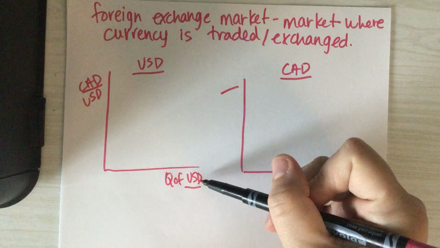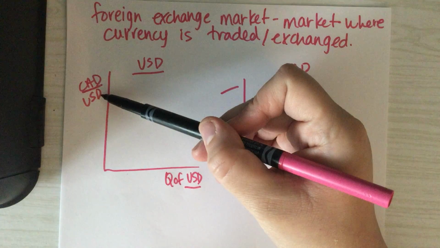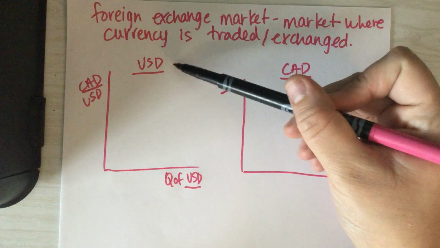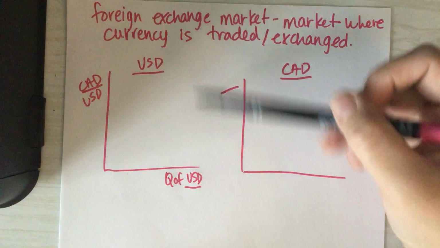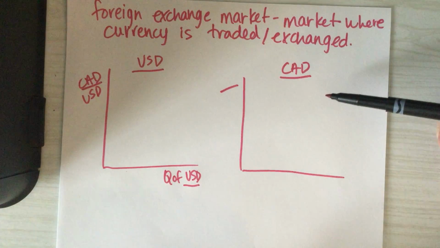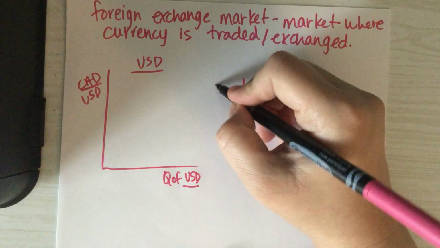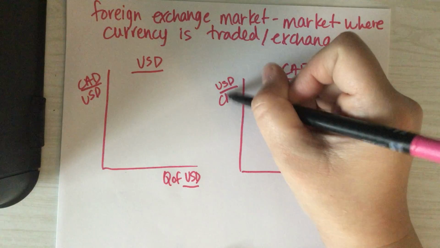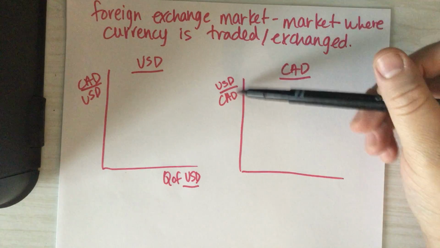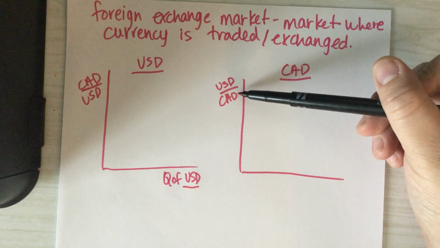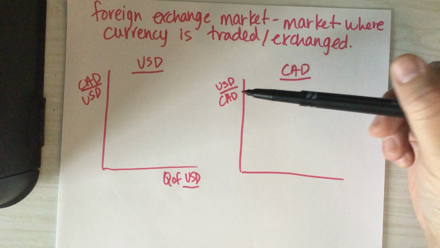So you label the bottom axis and the bottom of this ratio with the currency for this one graph. The same goes for the Canadian dollar. In this case, for every $1 US in terms of Canadian dollars, that's the exchange rate. How many US dollars will you receive in exchange for one Canadian dollar?